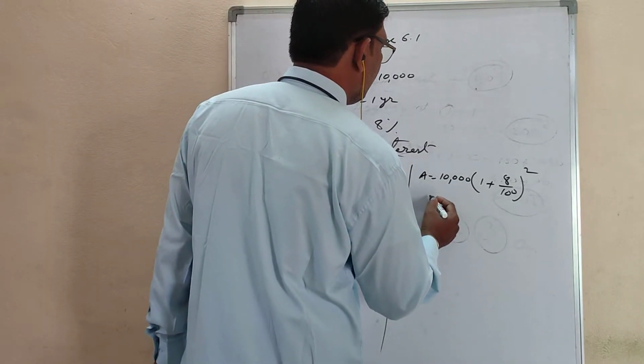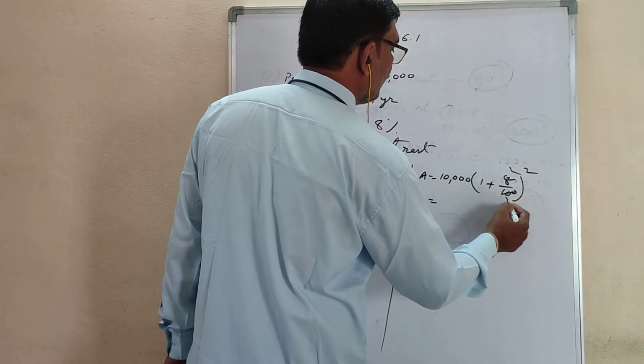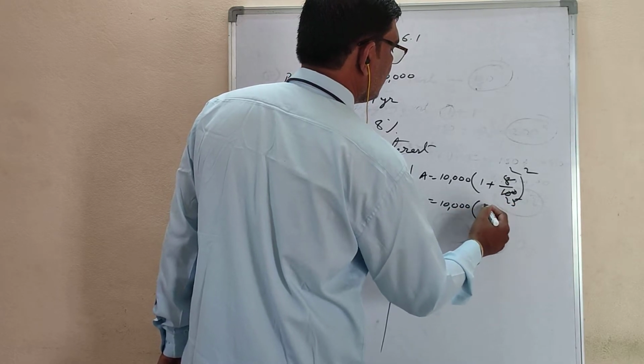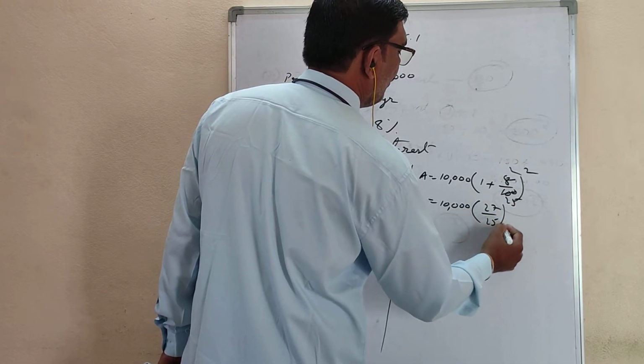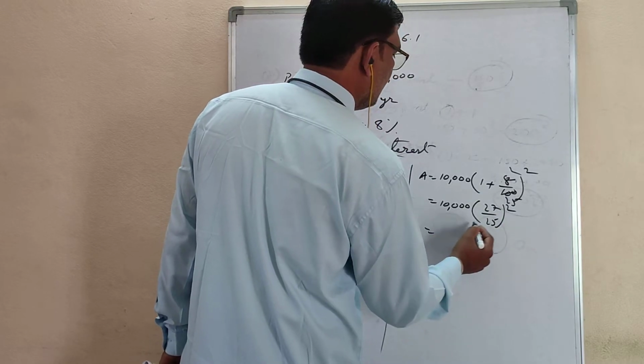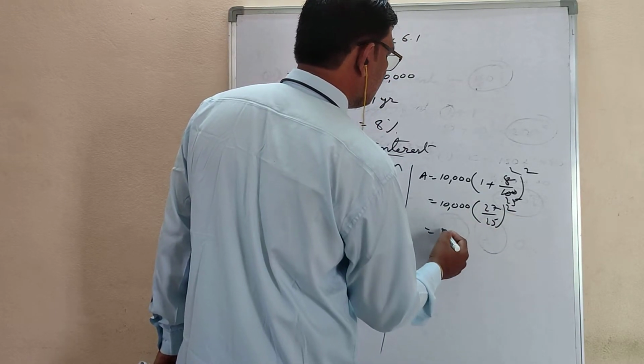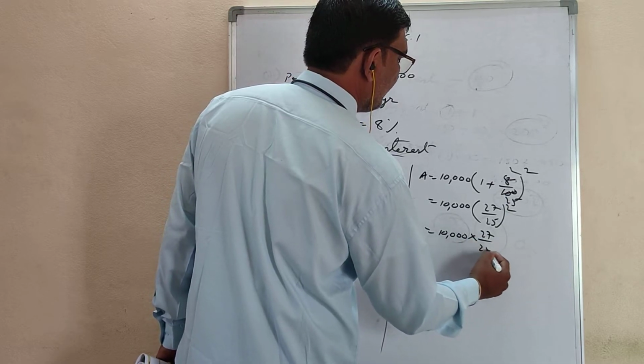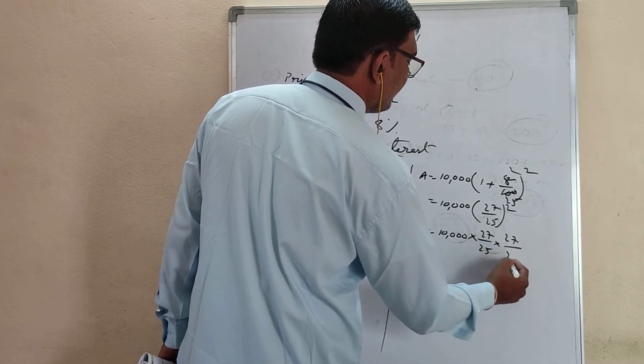Now again 4 2s are 4, 25s are. I am getting 10,000 times 27 by 25 whole square. Since there is a square, you can't cancel here. 10,000 into 27 by 25 into 27 by 25.